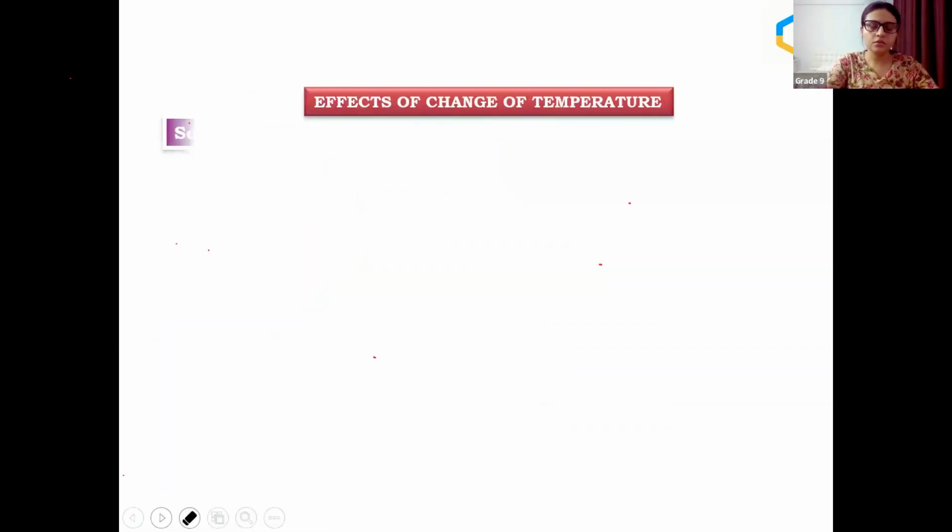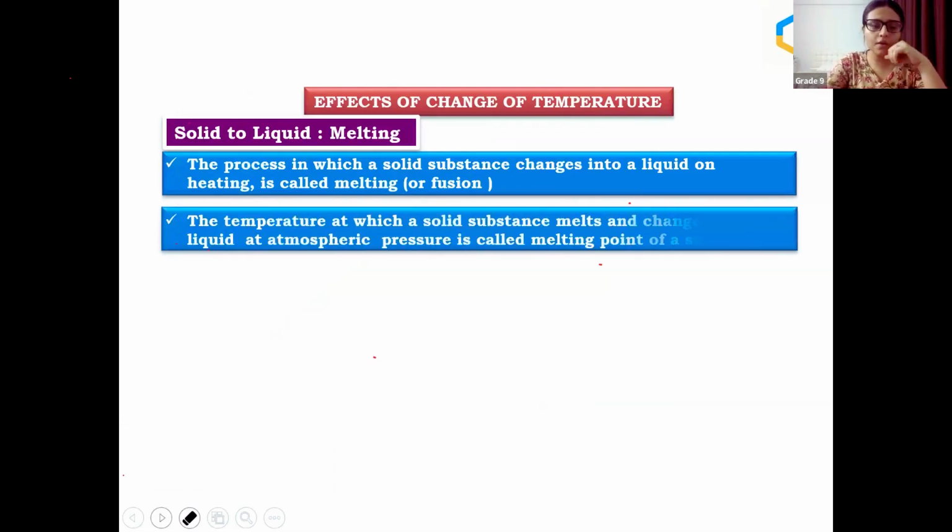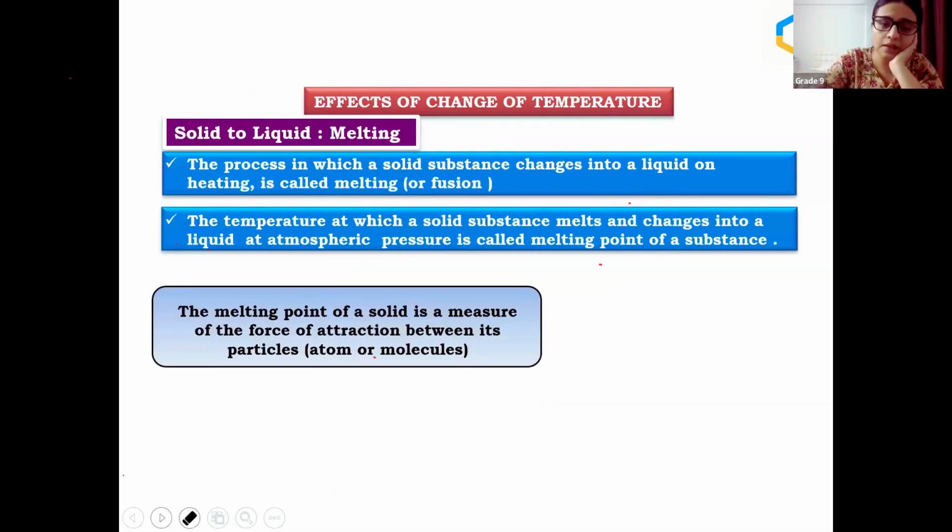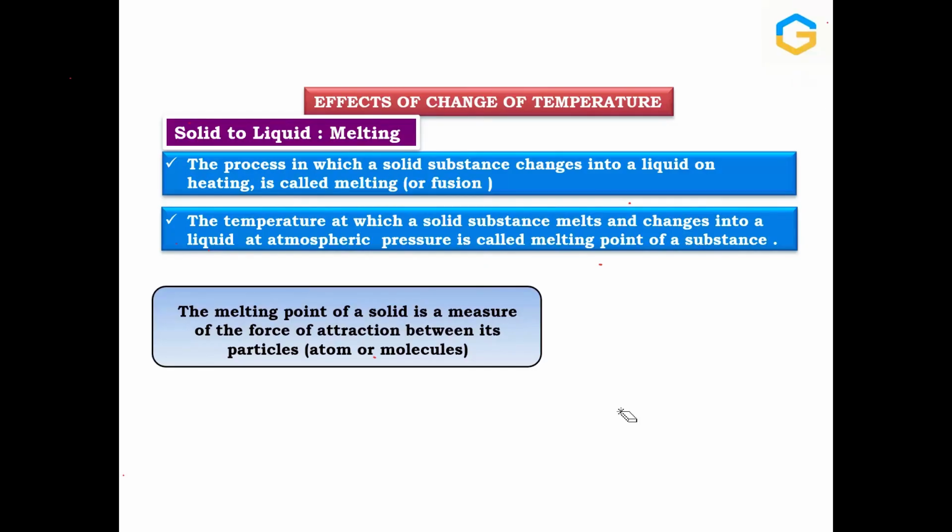All right. So effects of change of temperature, we have done. Solid to liquid is known as melting. So what is the melting point of a solid, students? Anyone? What is the melting point of a solid?